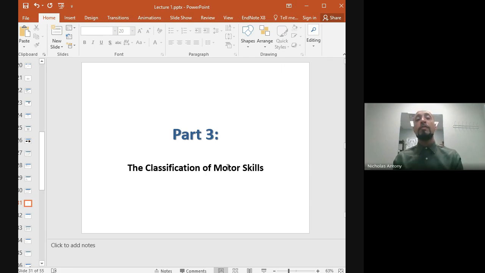How do we define different skills? How do we classify different skills? Because then we can group them together and say this class of motor skills is controlled this way, this one is controlled this way, and then we can compare within.